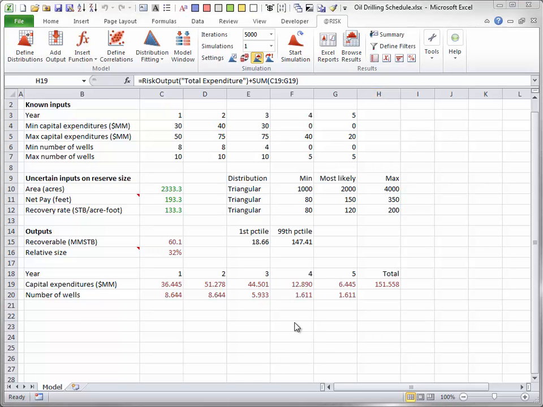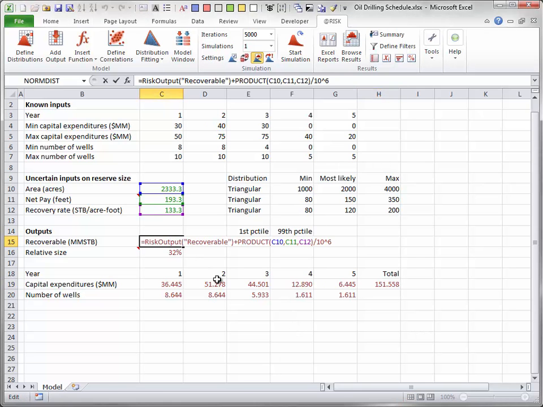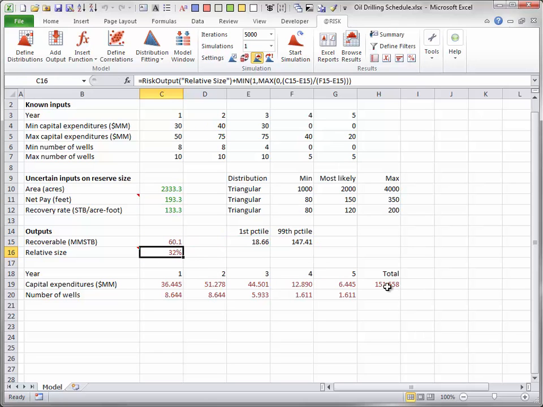So far, only 3 individual cells have been designated as at-risk output cells. When time series are involved, it is useful to designate a whole series as an at-risk output. I will do this in rows 19 and 20.